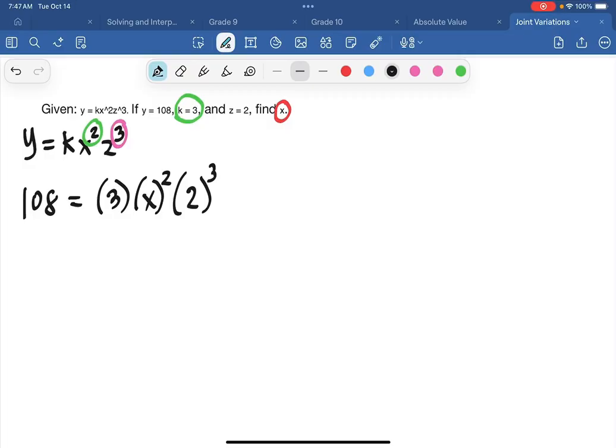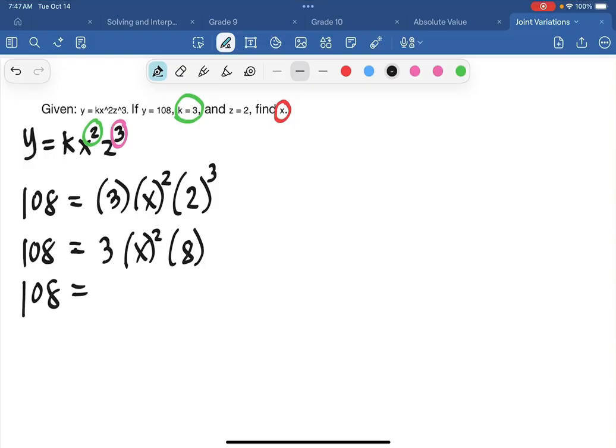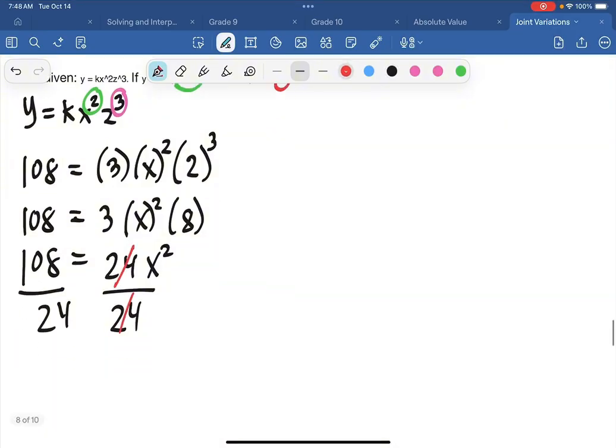Now, first, we have 108 equals 3, then x squared, and 2 cubed is 8. So we have 108 equals 3 times 8, which is 24, times x squared. So divide both sides by 24, and we cancel both 24.